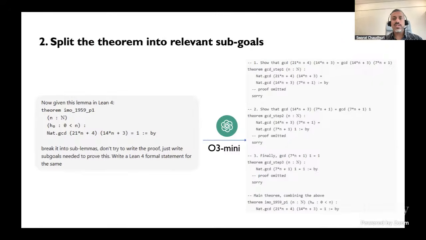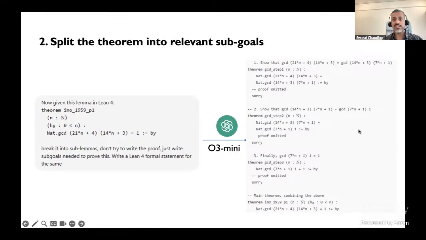And so here is the decomposition of this lemma. What you see is that it comes up with these three sub-goals. So first you show that this GCD step 1 is true.